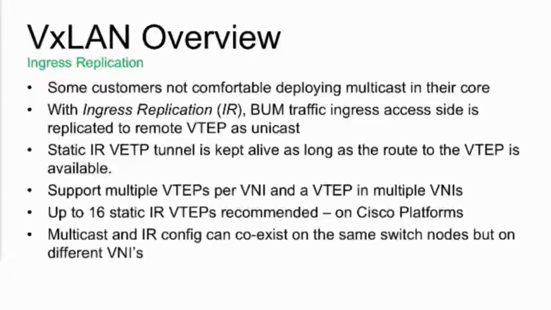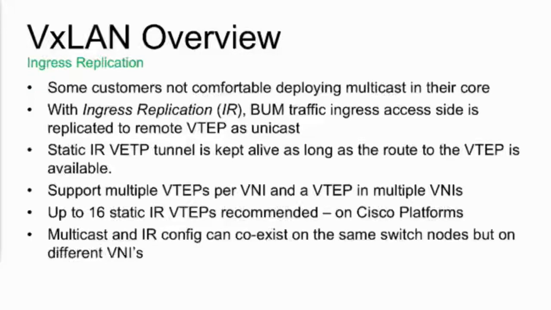Now, you also have ingress replication. In ingress replication, not everyone wants to run multicast in the environment, so you have unicast forwarding. And the downside of it is you need to have the unicast packets replicated to all the VTEPs. Unless you do that, not all VTEPs will be able to form a neighborship or NV peering and establish a connection to forward the VxLAN packets.